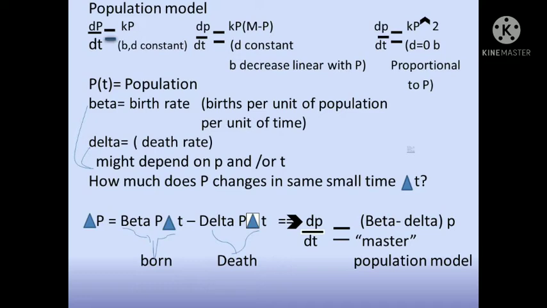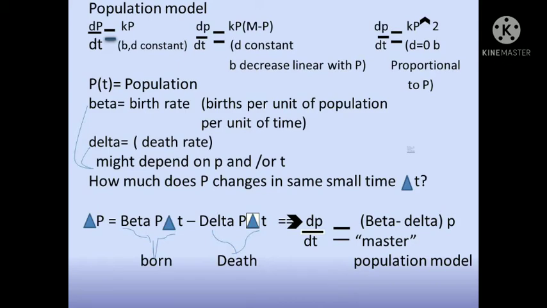In the exponential growth model, beta and delta are constant. For the logistic equation, delta is constant and beta decreases linearly with the population. For this blow-up model, delta is equal to 0 and beta is proportional to the population.